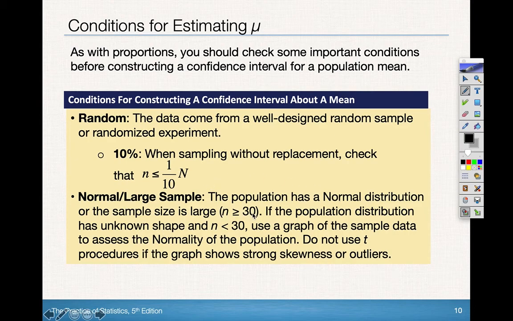Number 3, if the population distribution is unknown shape and n is less than 30, use a graph to assess normality. Believe it or not, you have done this many times. Think to yourselves, what graph did I use in chapter 2 to see if data was normal? I did it on my graphing calculator.